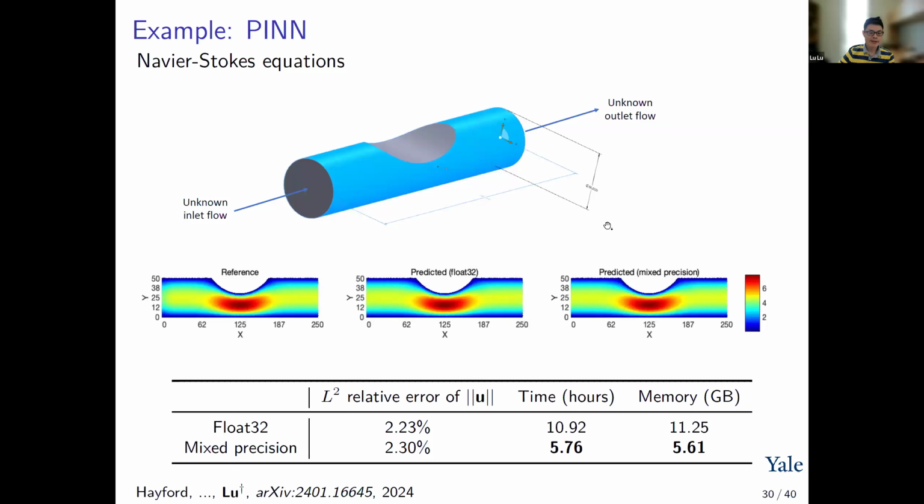Once we apply this technique for PINNs, for this network stop problem in this channel, we can still maintain basically the same accuracy, but reduce the training time by 50% and also reduce the GPU memory by 50%.